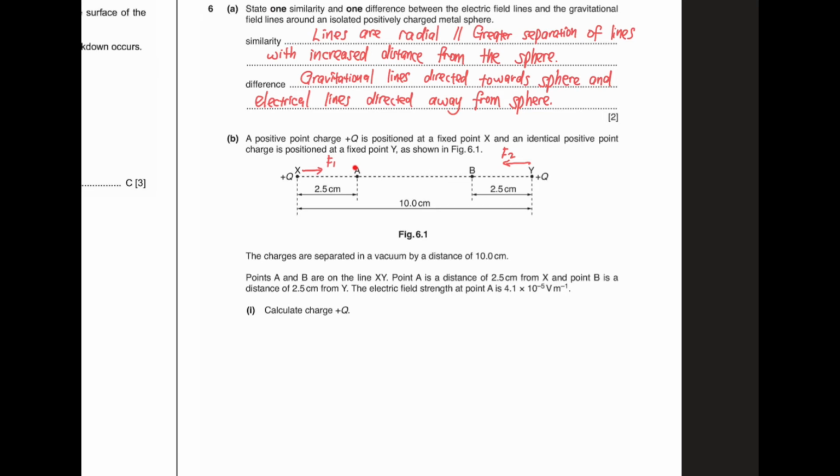So why do we talk about force? Because our electric field strength is force per unit charge, so it's related to force. Okay, so the 4.1 times 10 to the power of negative 5 here is the net. After you subtract, you get 4.1 times 10 to the power of negative 5. So we have to take the charge.